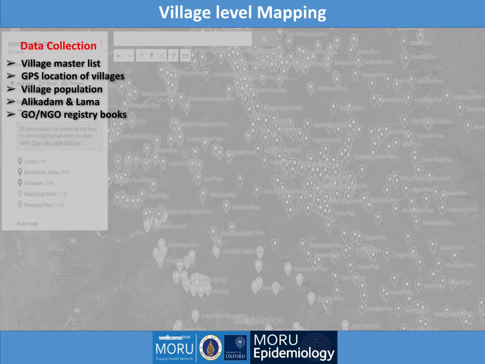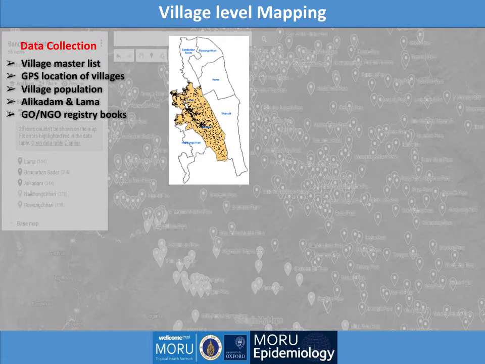As per plan, we collected the village master list from different organizations, and the list was finalized by consultation with local authorities. People from different organizations, including local people, sat together and identified the location of the villages by discussing with each other. Finally, we marked the villages in Google Maps. Population data was also collected at the same time and validated by the local authority.